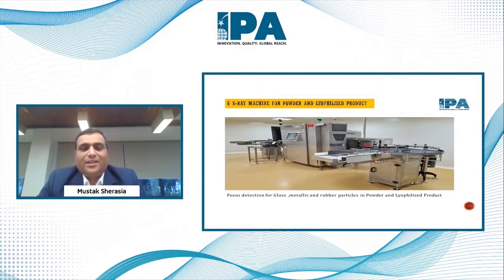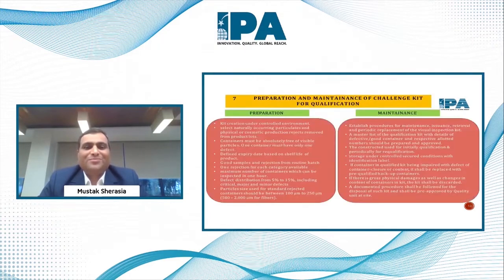However, special consideration is needed while utilizing X-ray technology: product development history and stability considerations must be taken into account prior to implementing this technology for a specific powder or lyophilized product. Next slide.